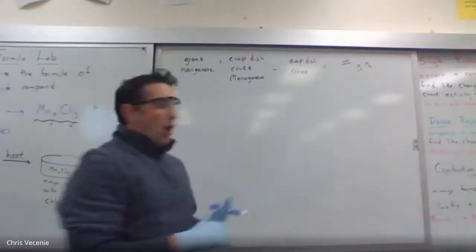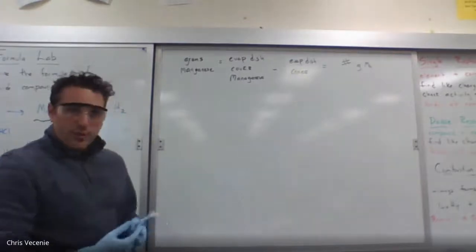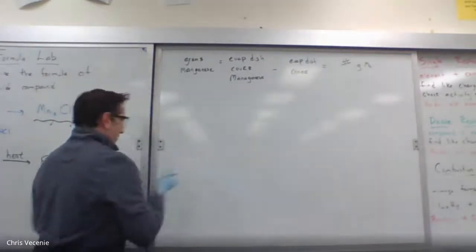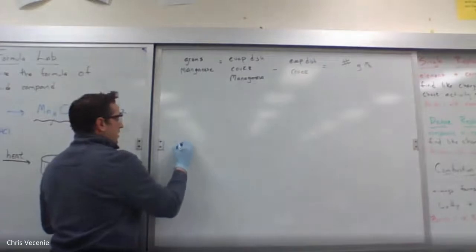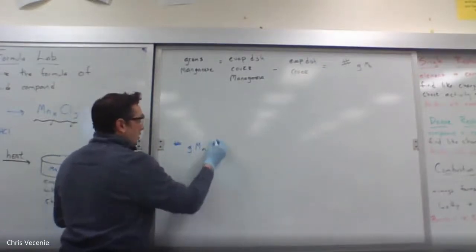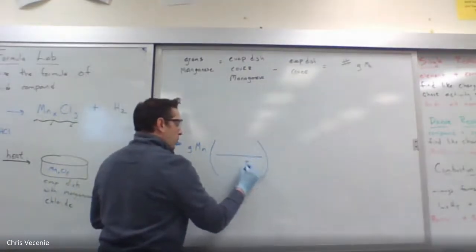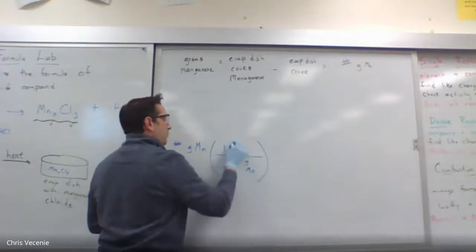You could also get your mole number of manganese, because remember, the whole goal of all of this is once we get the number for the grams of manganese, you can convert it into moles like we've been doing for all of our problems.